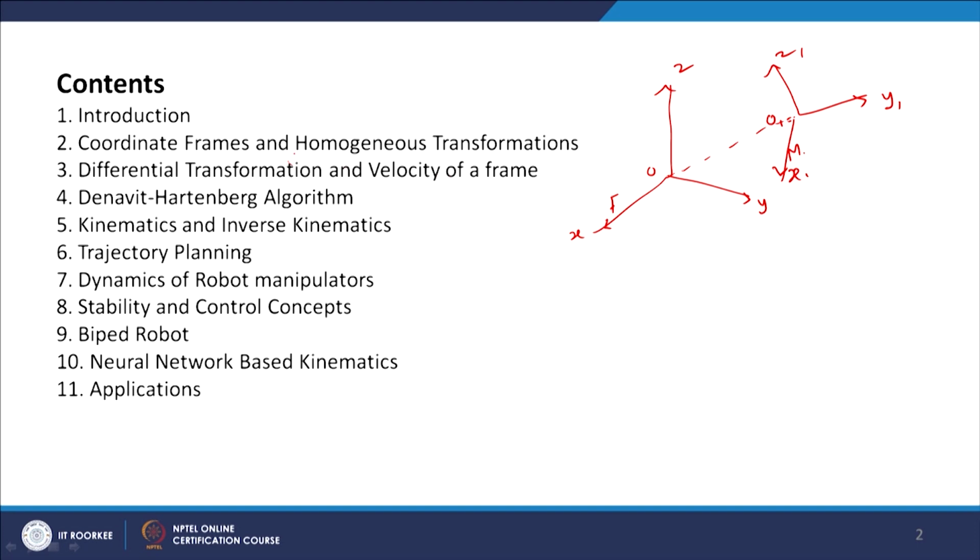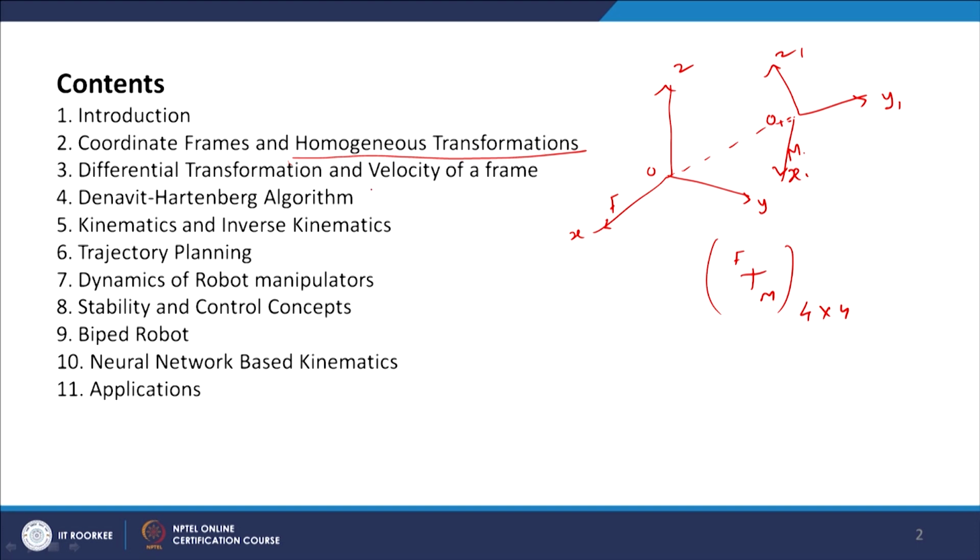This will be represented in terms of the homogeneous transformation, denoted by F T M. T represents the transformation, and F and M are the coordinate frames. This is read as the frame M with respect to frame F, denoted by a 4 by 4 matrix called the homogeneous transformation.